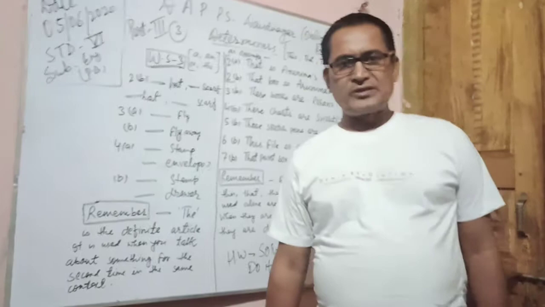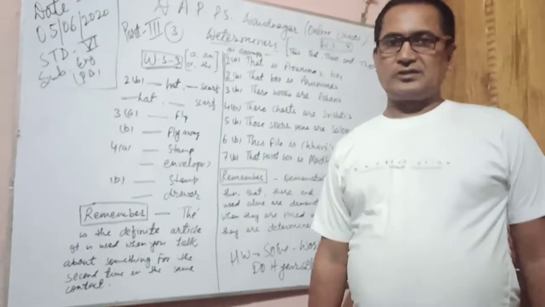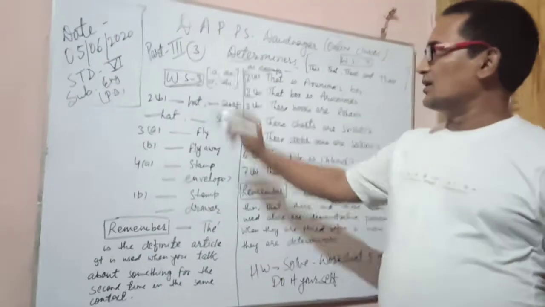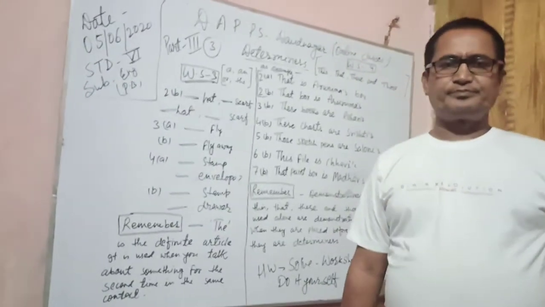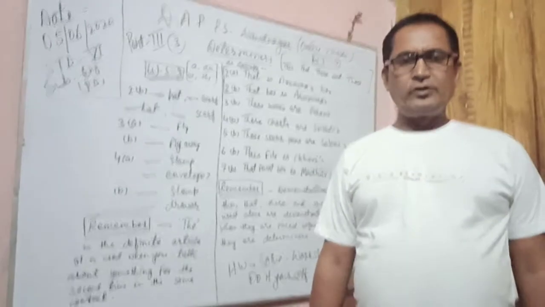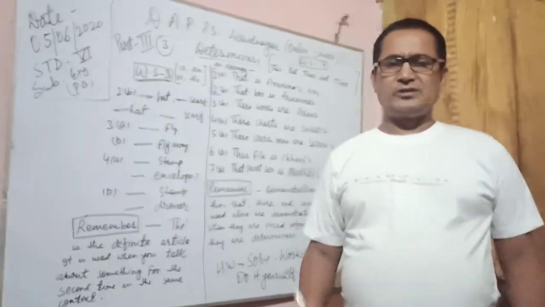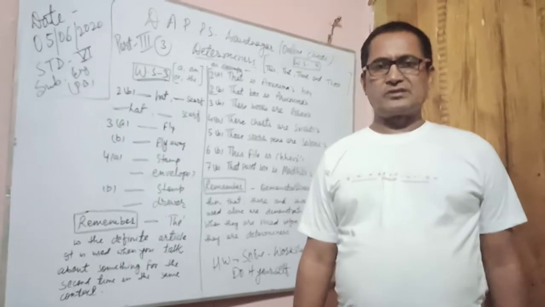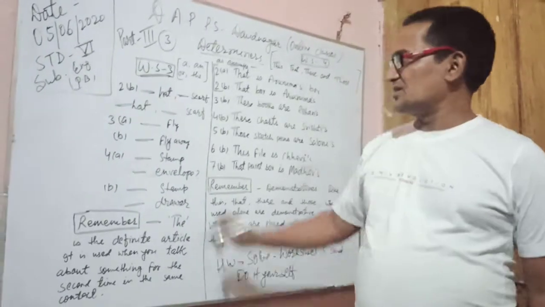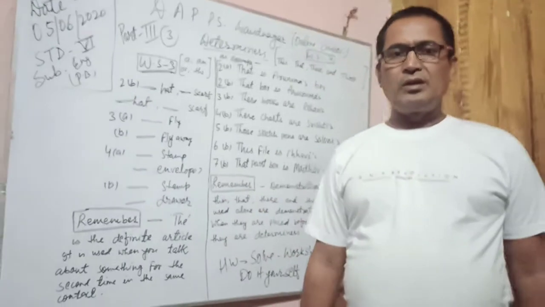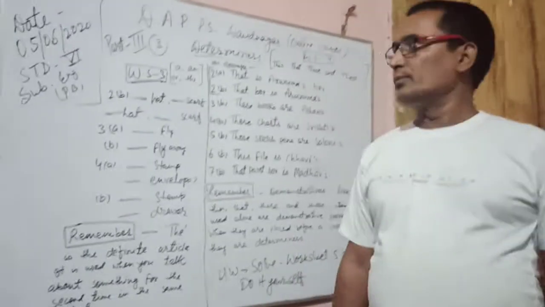Students, I am present here with the topic Determiners, Chapter 3rd. In my previous classes, you have been taught what determiners are in part first. In part second, worksheets 1 and 2 were solved.